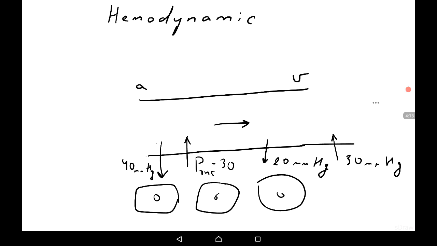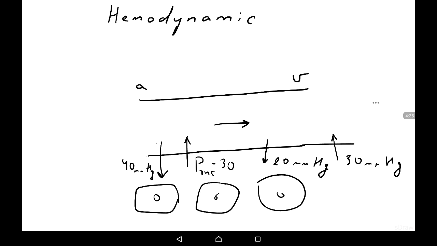And because the proteins are accumulated in the blood plasma and they remain in equal concentration in arterial and venous part of the blood vessel, the oncotic pressure is equal.